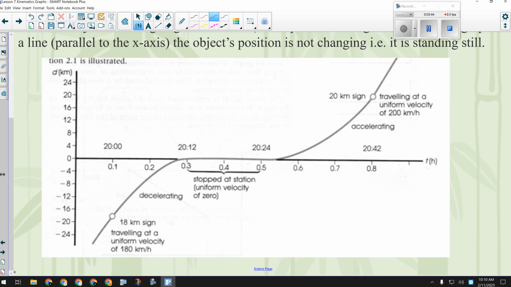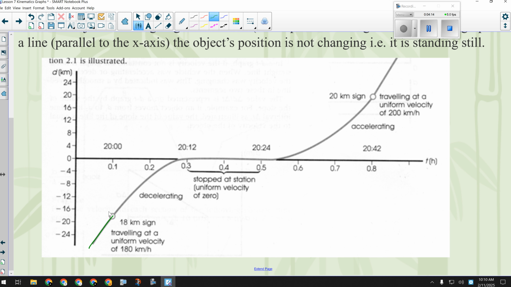Now, how do I know that in this first part of the graph that the train is traveling at a constant velocity? Besides the fact that it's printed right there, because someone will say that. Is the line pointed diagonally upwards? Okay. On this particular graph, that means that the position is changing by the same amount every second.